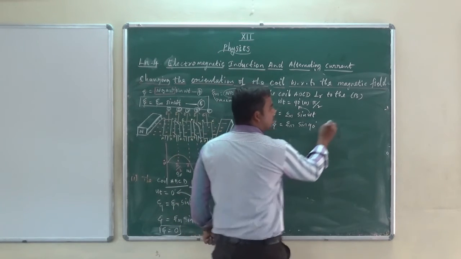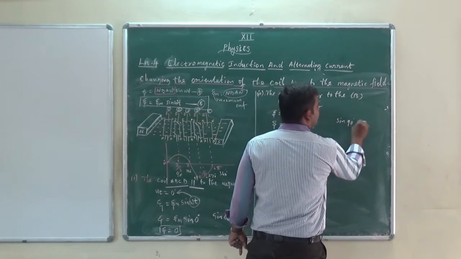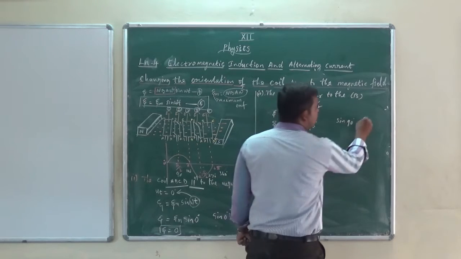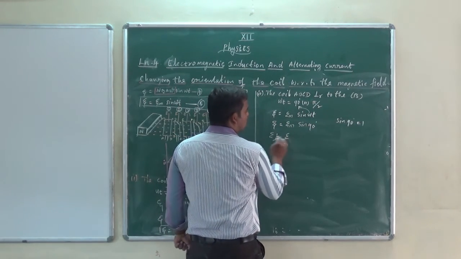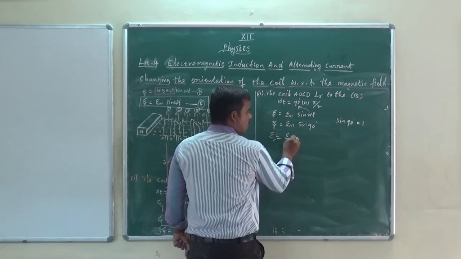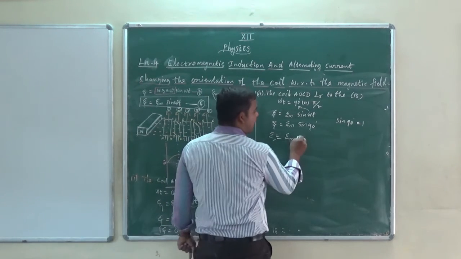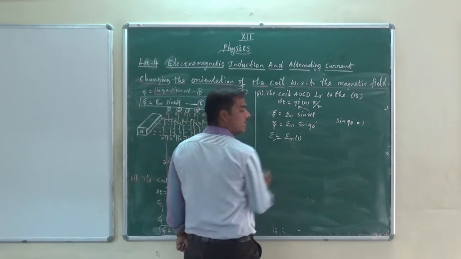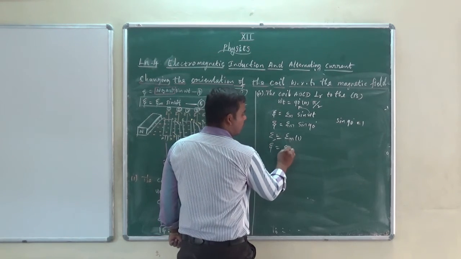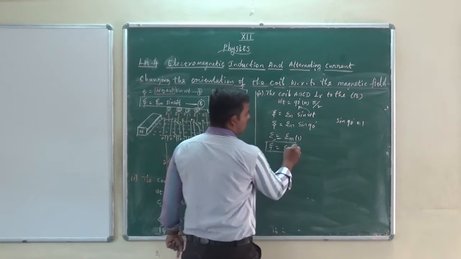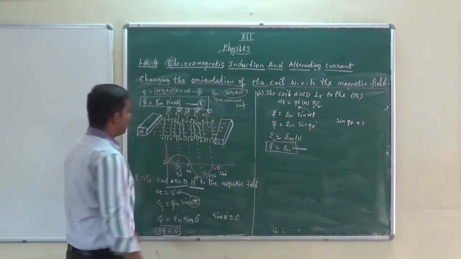What is sin 90 degree? Sin 90 degree is 1. So the induced EMF is the maximum EMF times 1, and 1 into anything is the same value. So the induced EMF produced is the maximum EMF. This is equation number 6.